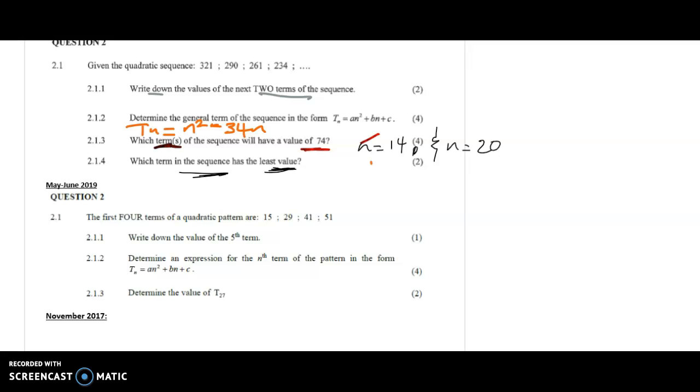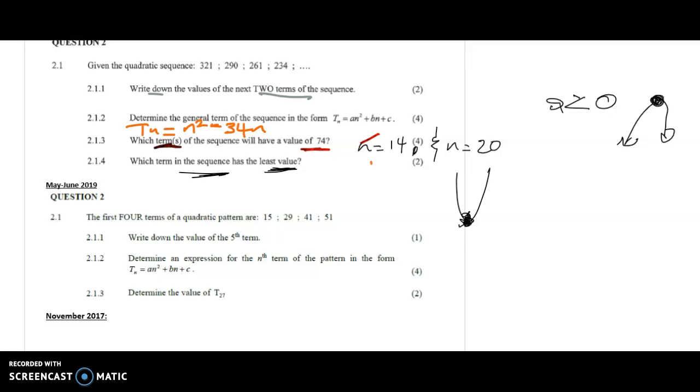It's more like they talk about the turning point, because the turning point, of course, is going to have what? A least value. If it had a sad face, if a was less than 0, they would have been talking about which term in a sequence has what? A maximum value. Because it is smiling, it's going to have a least value.